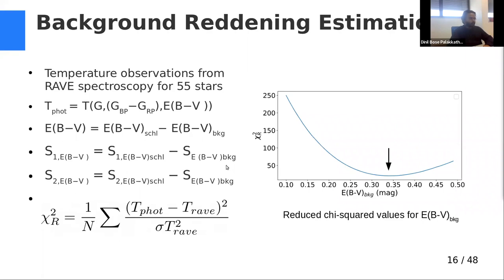Here I am showing the chi-square value for different background reddening values. As you can see, the chi-square value decreases, and around 0.34 magnitude we have the lowest chi-square, indicating that the background reddening value is around 0.34 magnitude.